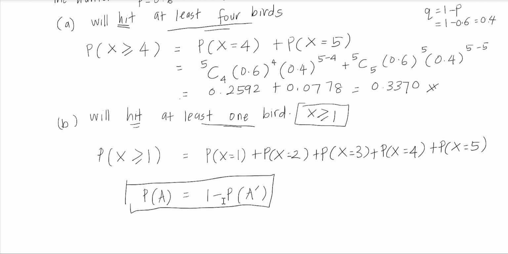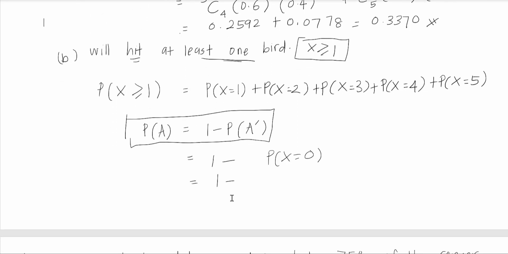From x equal to 1, 2, 3, 4 and 5, the probability that is excluded from this event is the probability when x equal to 0. Right? 0 is not included. So we have x equal to 1, 2, 3, 4, 5, but when x equal to 0, it is not included. So it is equal to 1 minus the probability when x equal to 0.